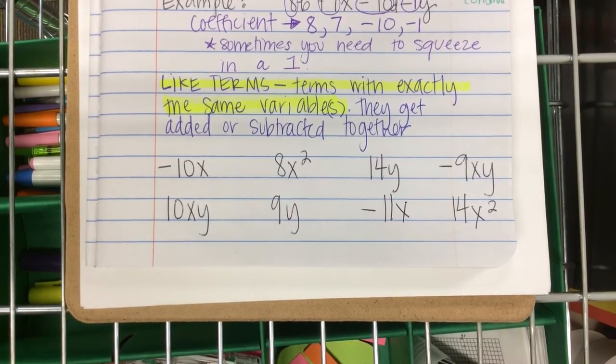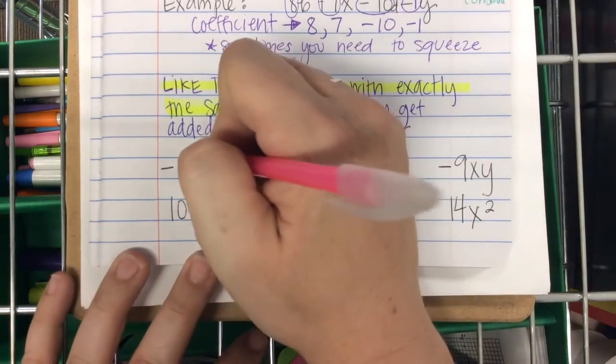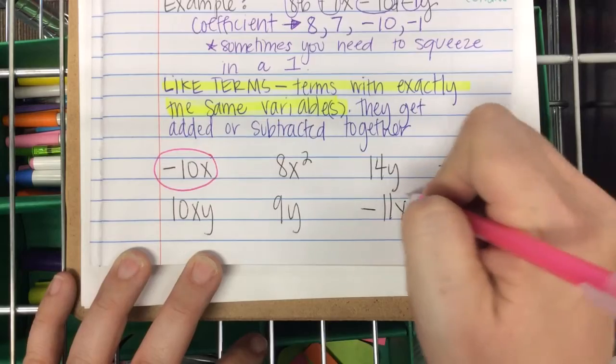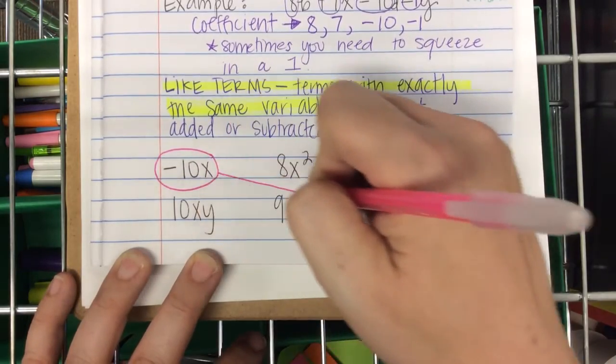In the second row, write 10xy, 9y, negative 11x, and 14x squared. Let's combine like terms. Who can tell me a pair that is up there? Morgan, what's one pair? Negative 10x and negative 11x.